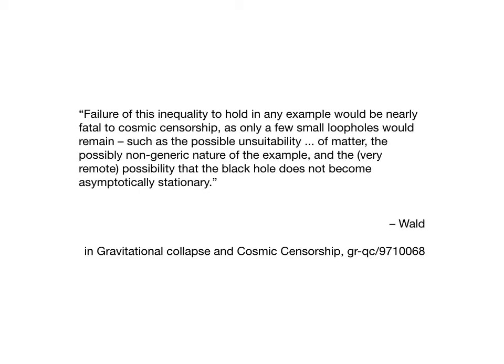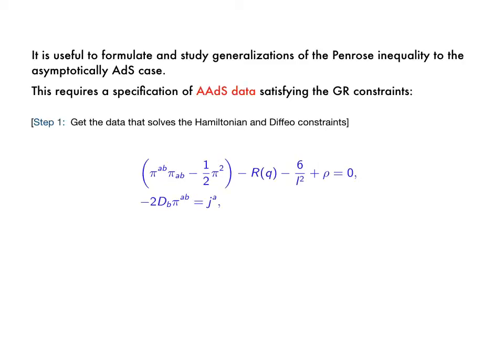So in this sense, the Penrose inequality is like an ultimate test for whether there is a violation of cosmic censorship or not. Therefore, it's useful to formulate and study a generalization of the Penrose inequality to the asymptotically AdS case.